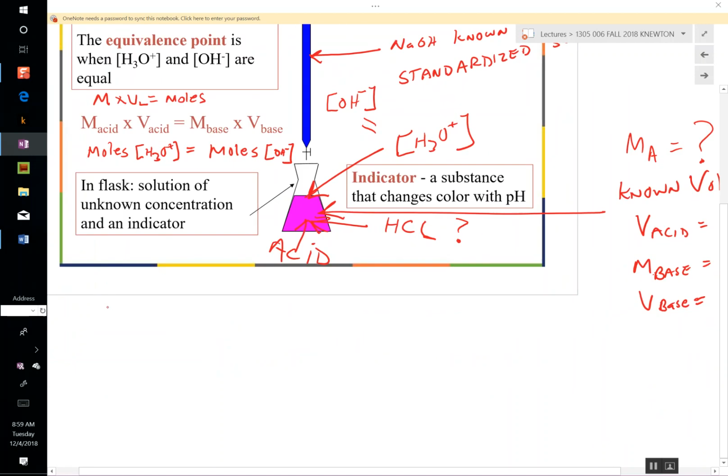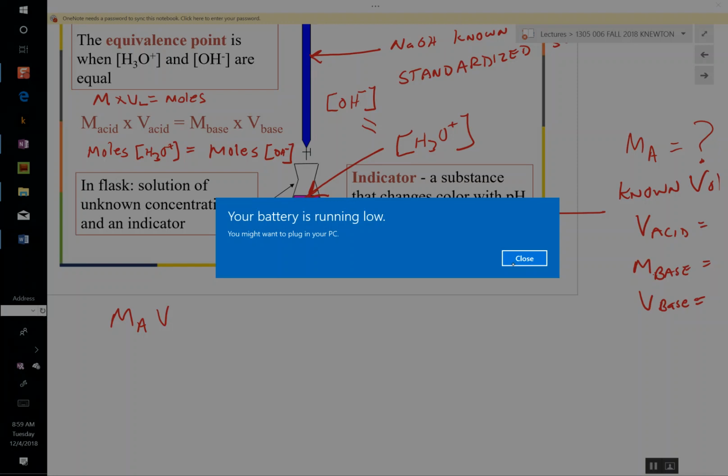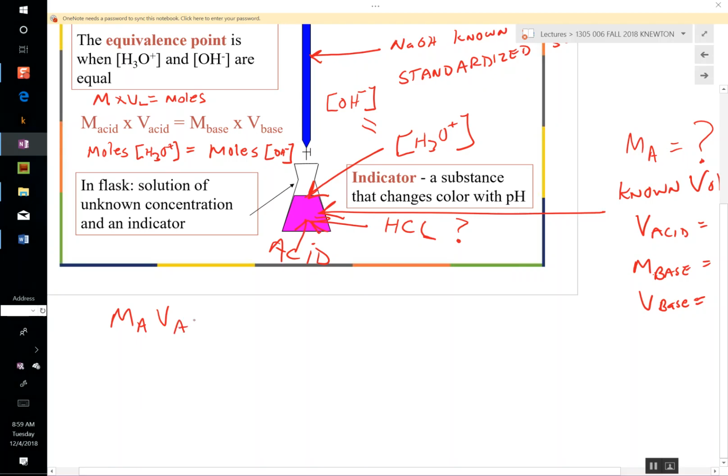So here, let's look at this. Molarity of the acid times the volume of the acid equals the molarity of the base times the volume of the base. Okay, now rearrange that equation while I finish it. Molarity of the acid equals what?